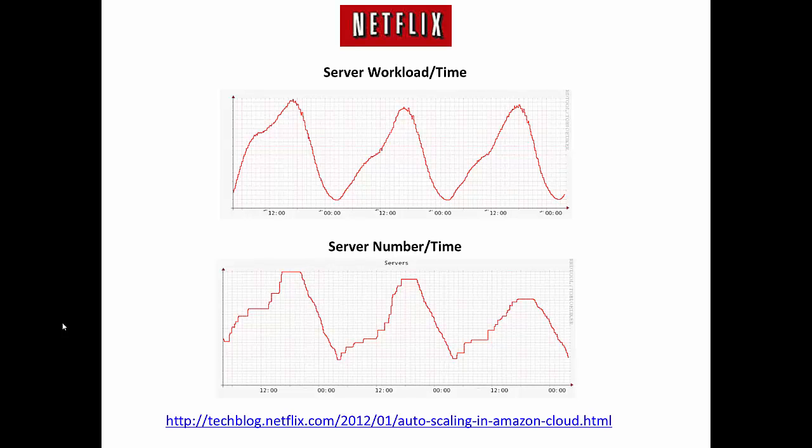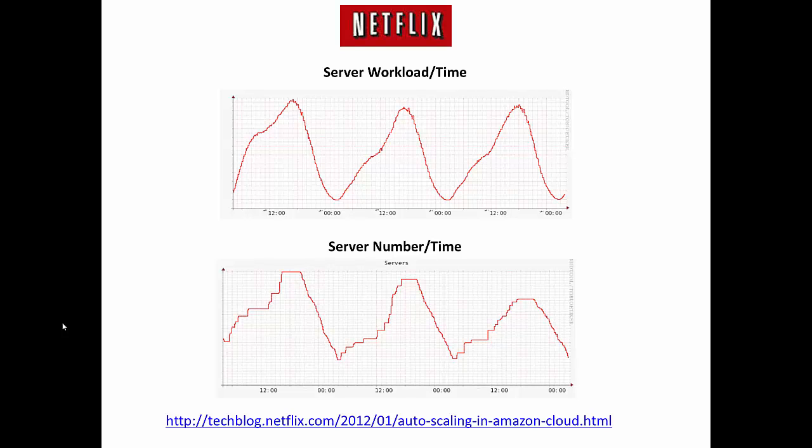The resolution of these graphs shows that adjustments to their server pools are made by the hour, so they're able to respond quite quickly to server requests.